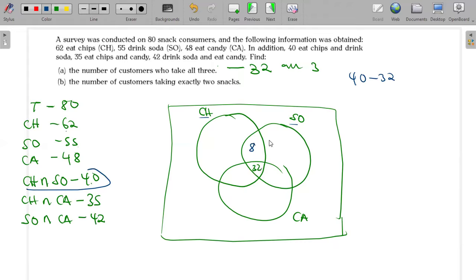So the 8 take chips and soda only. Then chips and candy, there's 35, so 35 minus 32 gives 3. And then soda and candy, there's 42, so 42 minus 32 gives 10. These take soda and candy only.